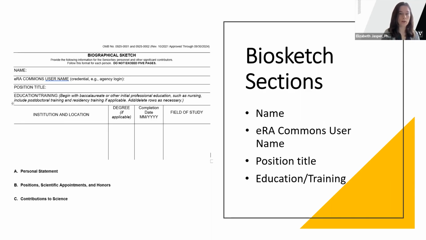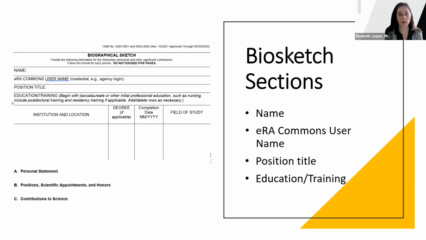It's optional for other personnel on the grant. And it's important to make sure your eRA Commons username in the biosketch matches the info that you provide in the credential field of your R&R senior key personnel form in your grant application.